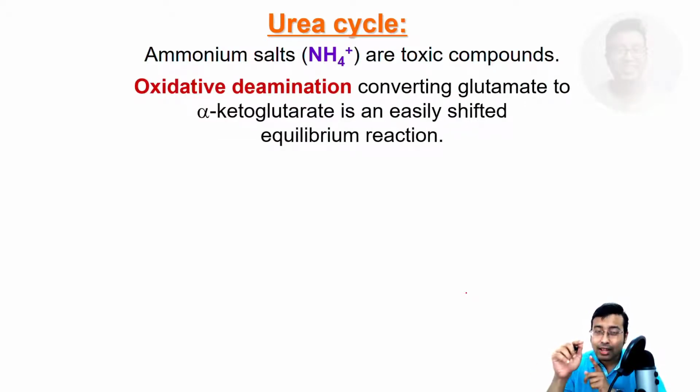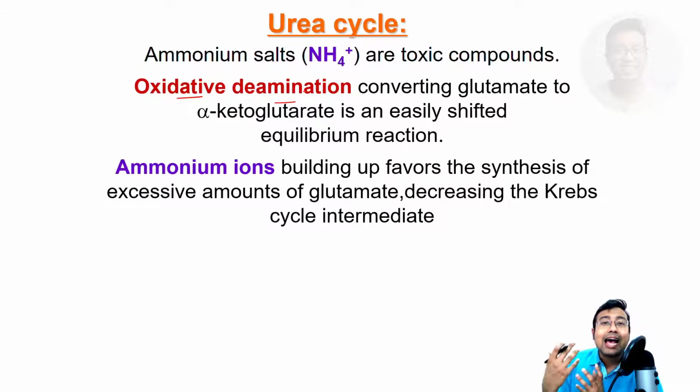Moreover, what happens during oxidative deamination? The glutamate is converted to alpha ketoglutarate. That way free ammonia is built up, right? And that ammonia is converted to ammonium ion.